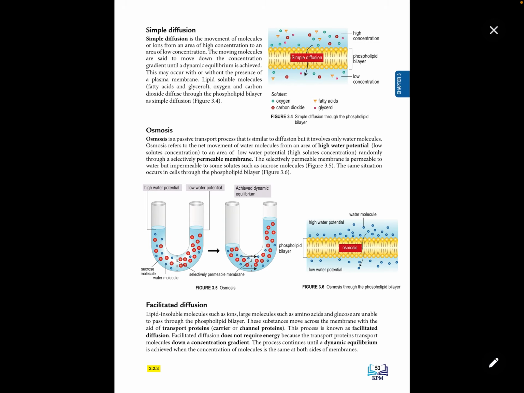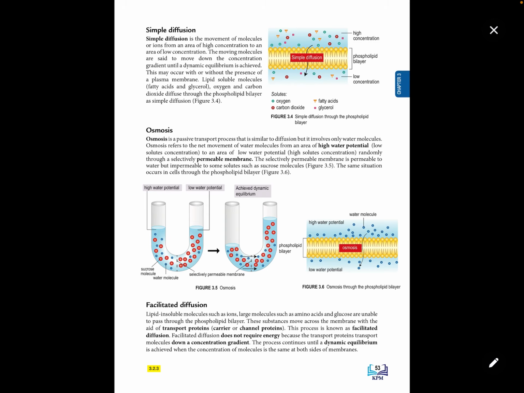If the concentration of the solute is high, it has a low water potential, so it doesn't have enough water. And vice versa: if there is a low concentration, it has a high water potential. So again, we say it moves from high to low.